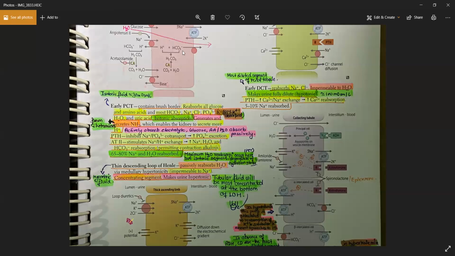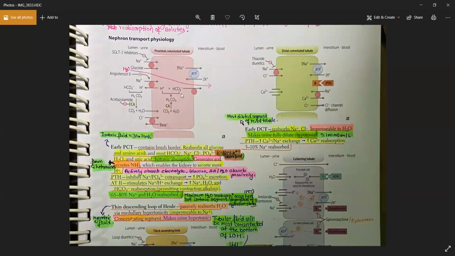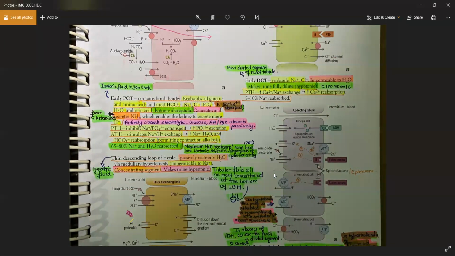Can you repeat that about the dehydration? See, whenever you have dehydration, you know that ADH will get activated, right? Antidiuretic hormone, and whenever it gets activated, it will cause the reabsorption of the water in the collecting duct, right?